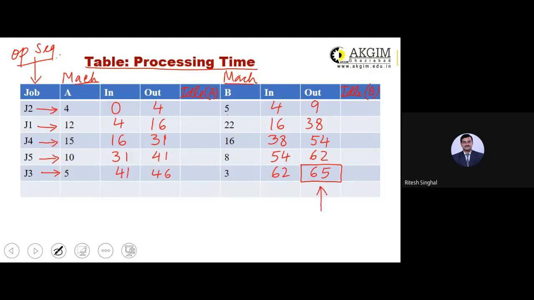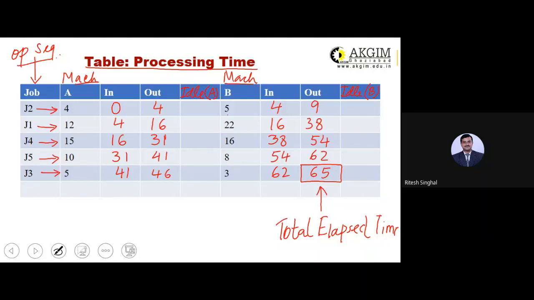This time is called the total elapsed time. Okay, so 65 hours is the total elapsed time.